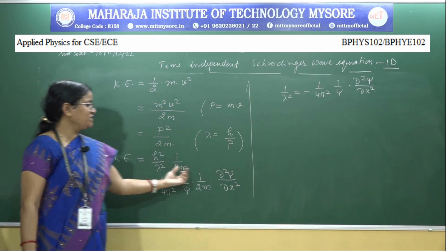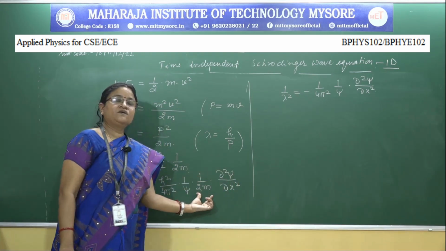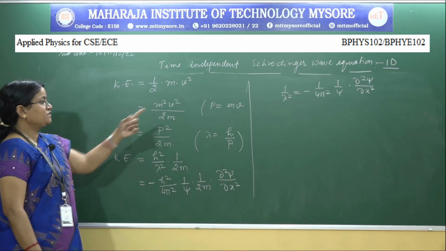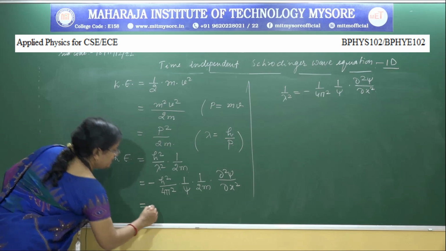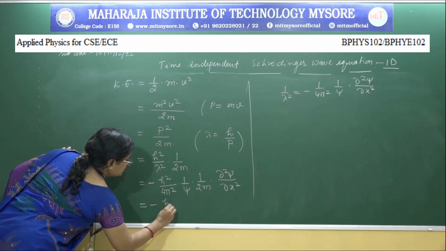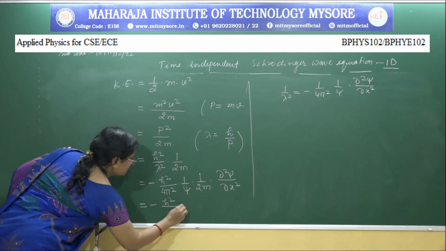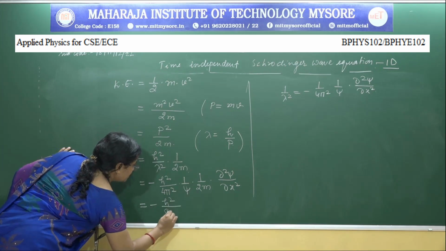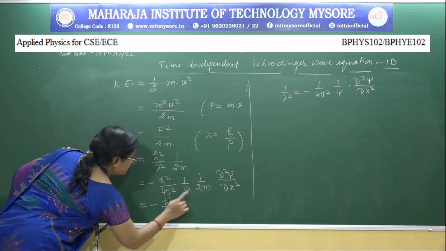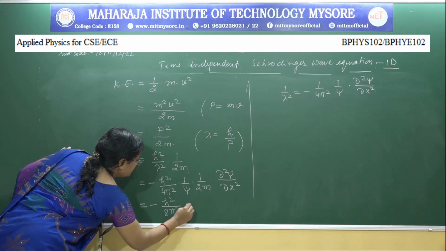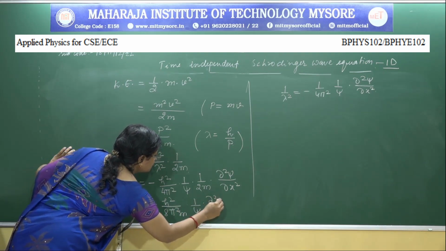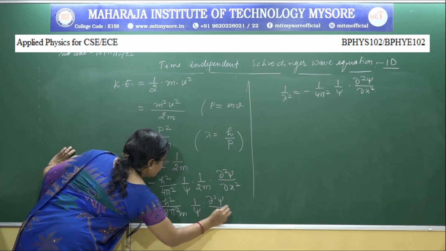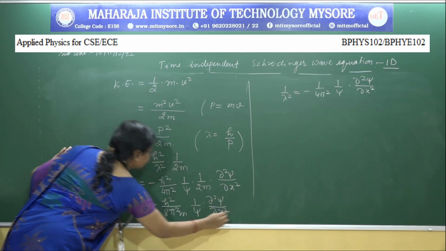We can write 2m later also, I have written it first only here. We have substituted the value and further simplifying, kinetic energy is equal to minus h square by 8 pi square m into 1 by psi into dou square psi by dou x square.